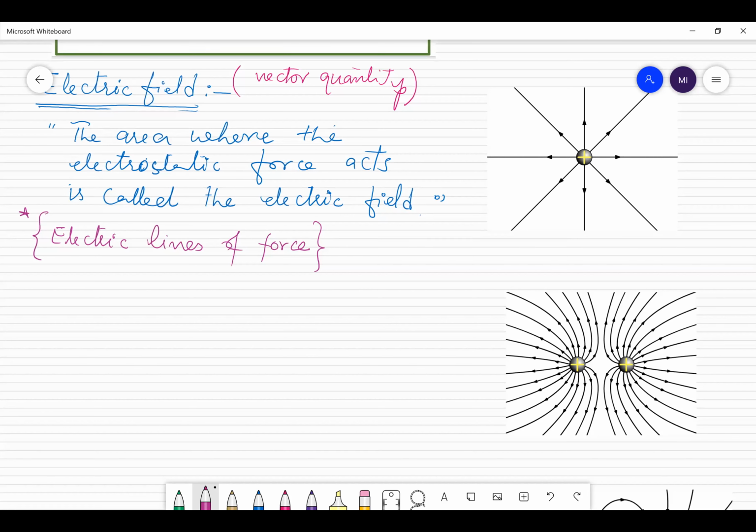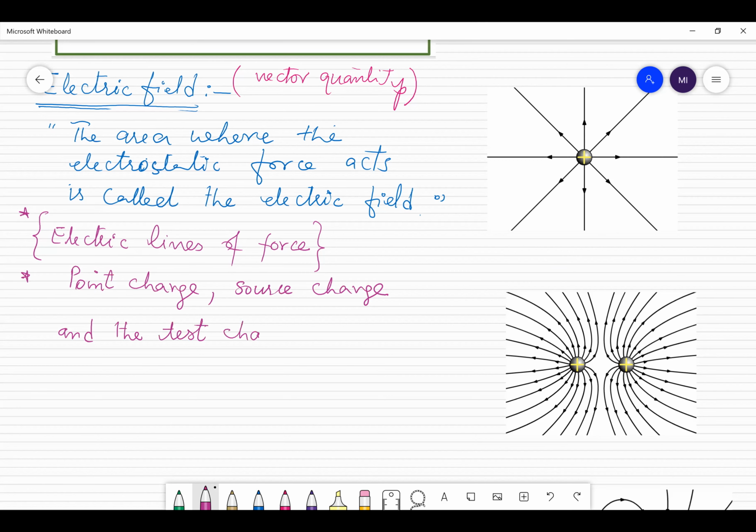Second, I want to tell you another important point before going further, about what I already told you about the point charge. Today I want to tell you about the source charge and the test charge also, as I'll be using these terms down the road.